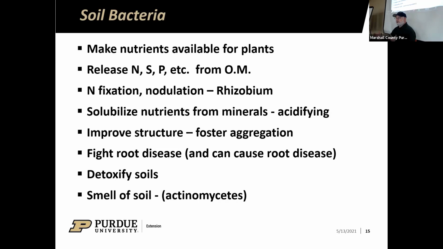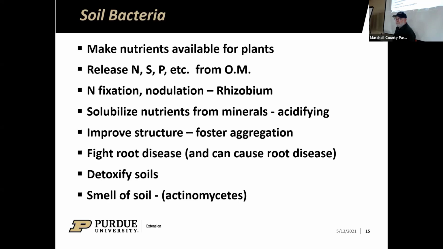Like I was saying, they're producing compounds that help the soil particles stay together, so that aggregation allows for soil structures with good pore spaces between the soil particles. Those soils will also hold on to some of the water and the nutrients that are cations.